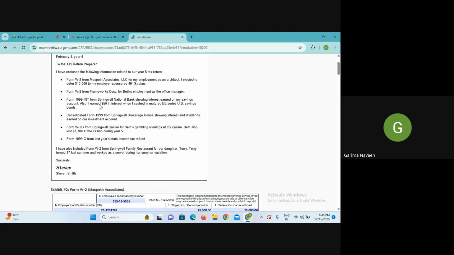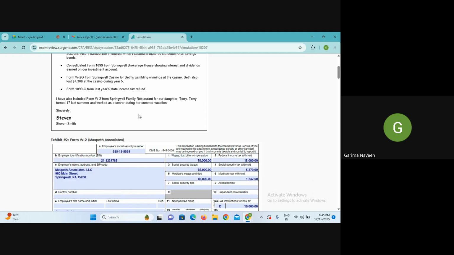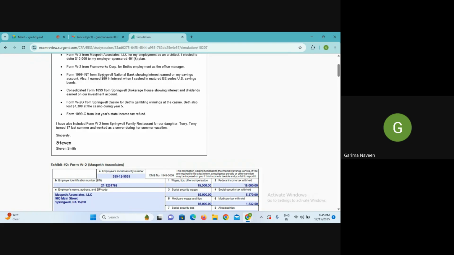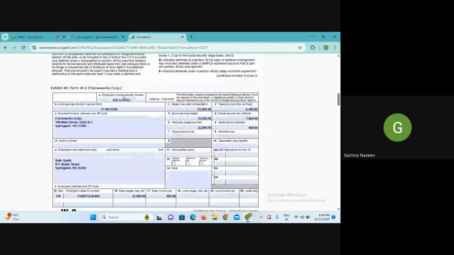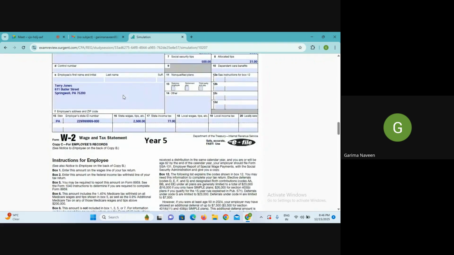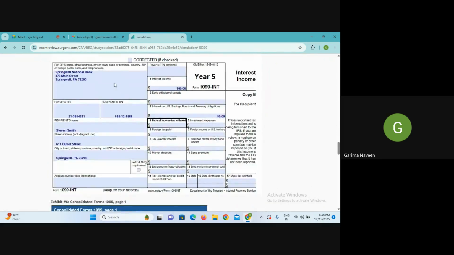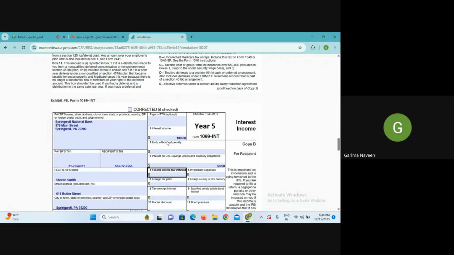So two types of interest are given. The first is Form 1099, the interest you get from a bank. The second is interest from maturing EE series US savings bonds. Out of these, what should be the taxable amount? This is the form for interest.